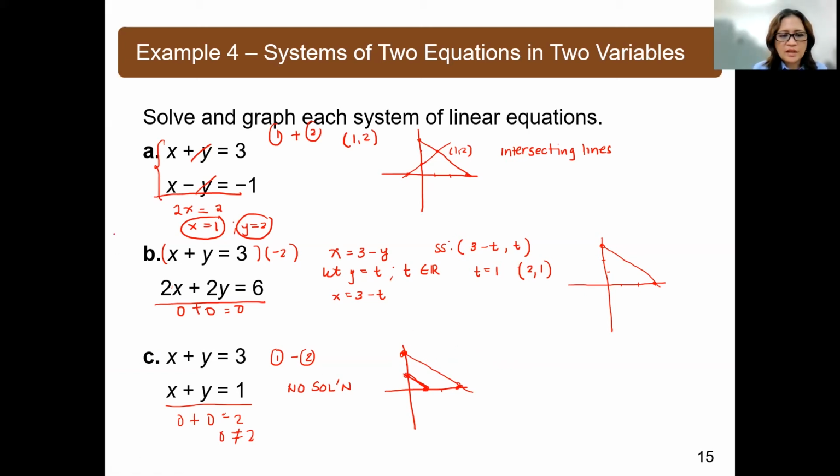So with these three types of systems, we can come to a conclusion that a system of equations can have one unique solution, infinitely many solutions, or no solution at all.